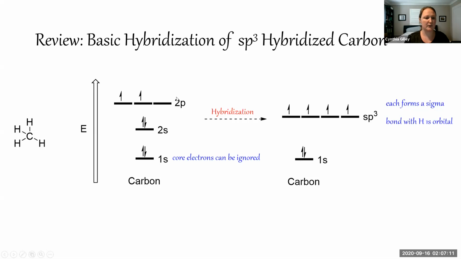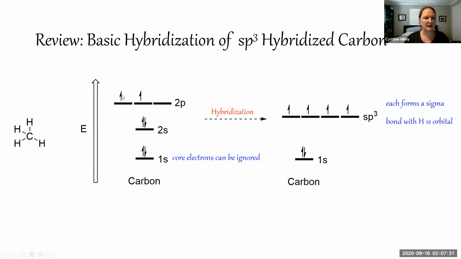So all 4 of these orbitals hybridize to form 4 sp3 hybridized orbitals. And we call it sp3 because it's 1 part s and 3 parts p from the atomic orbitals that combine to form the hybridized orbitals.